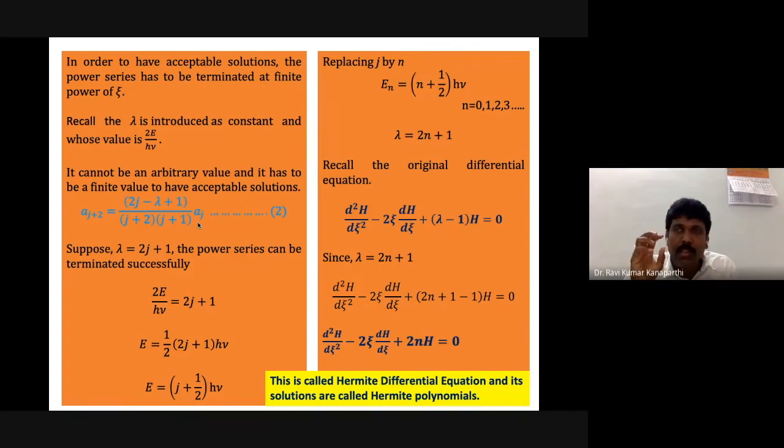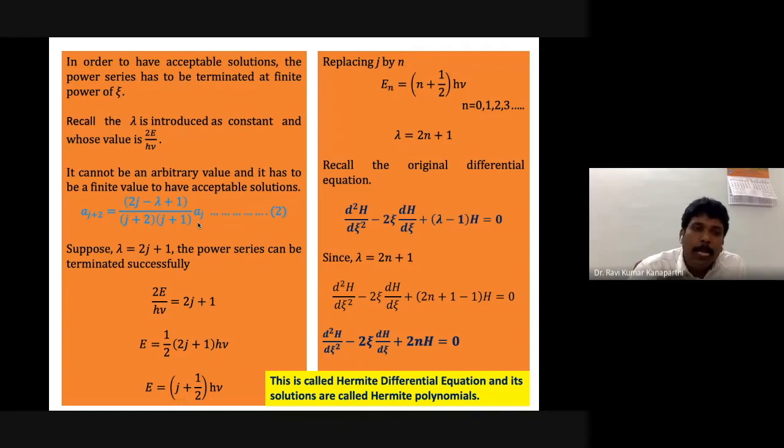Lambda is a constant, and we said that it is a constant. Now I'm saying that yes, it is a constant, but it cannot take whatever value it likes. Rather, if it has some specific values, then the power series in h of z, which is expressed as an infinite power series, will actually terminate at a finite value of z power j.